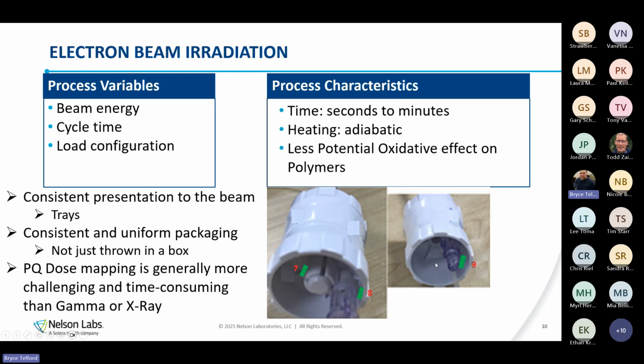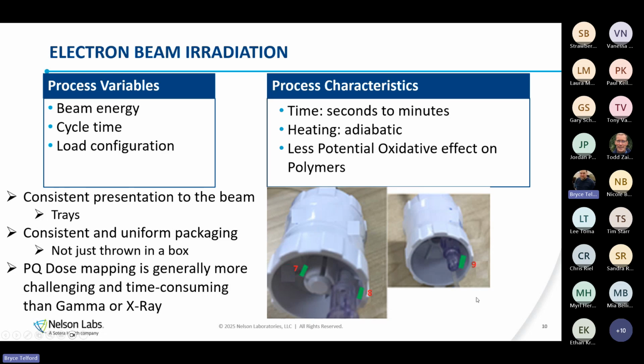If my dose is coming down, you can see how I have a lot of low density followed by a very high. If I come in from the side, I have low density, high density, low density again. So with electron beam, it's very dependent on the density and sensitive to the density of my product. So again, instead of pouches, think trays, and don't just think trays, think how is my product loaded into the tray so that you can make sure it is loaded into the tray consistently.